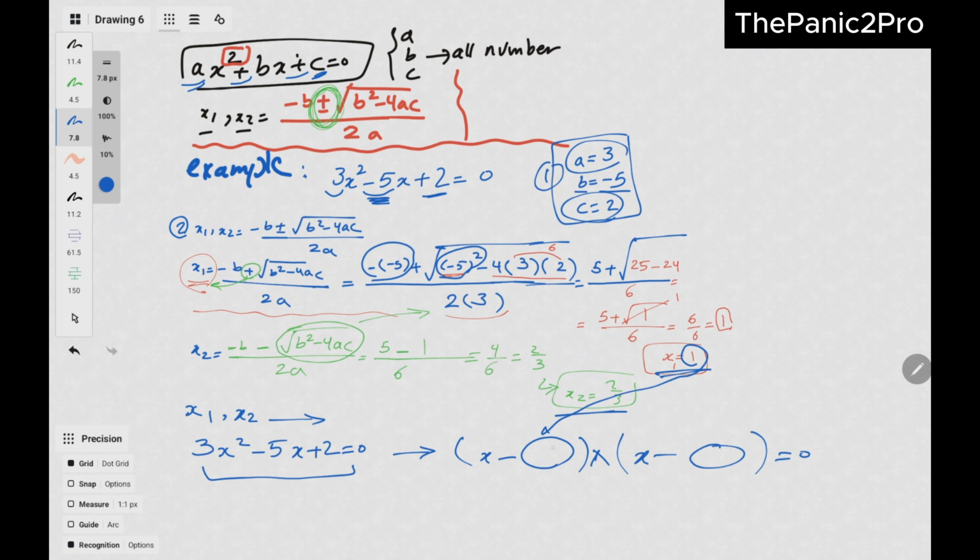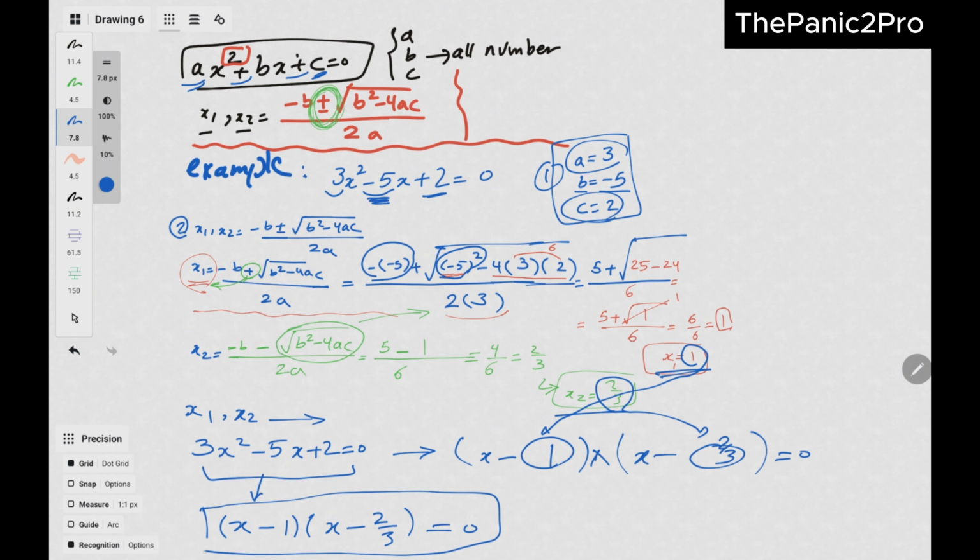What is the first root? 1. Second root? 2/3. So I'm going to write this as x minus 1 multiplied by x minus 2/3 equals 0. So this is basically the same factoring format which we were trying to get by guessing in the other video that I had.